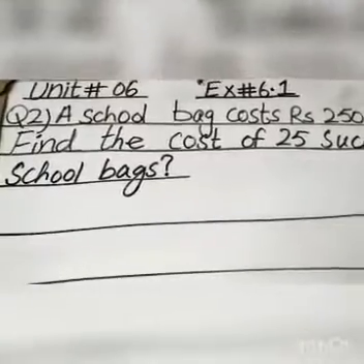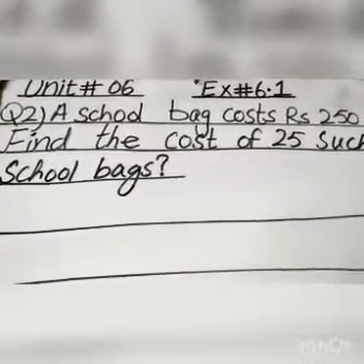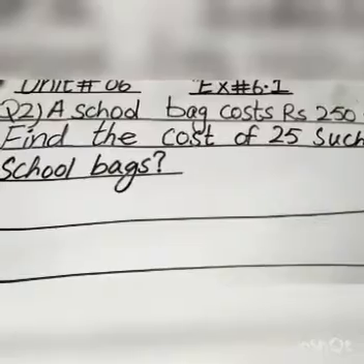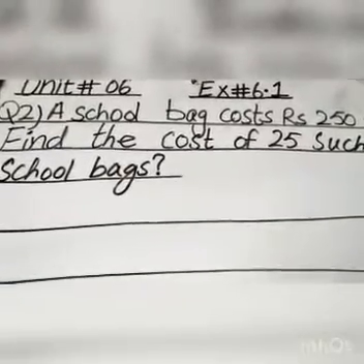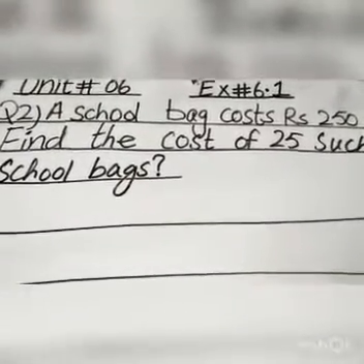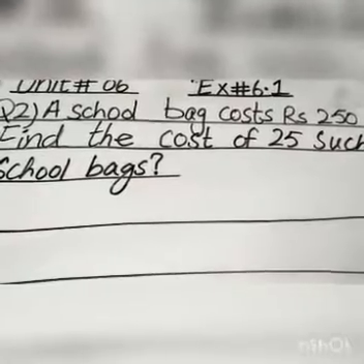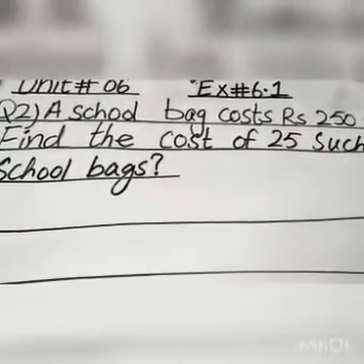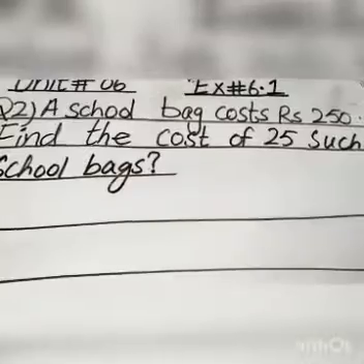Question number 2. A school bag cost rupees 250. Find the cost of 25 such school bags. Class, you can see the cost of one school bag is equal to 250. Now we can find out the cost of 25 such school bags.